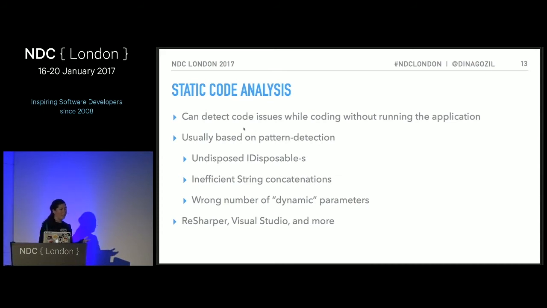Of course, static analysis is not limited to just finding memory problems. It can help you in other coding problems as well, like passing the wrong number of dynamic parameters to Console.WriteLine, or if you try to use an uninitialized local variable, for example. Now, there are several available tools for you to do static analysis, starting from a built-in static analyzer in Visual Studio, ranging through ReSharper, which I guess you are all familiar with.